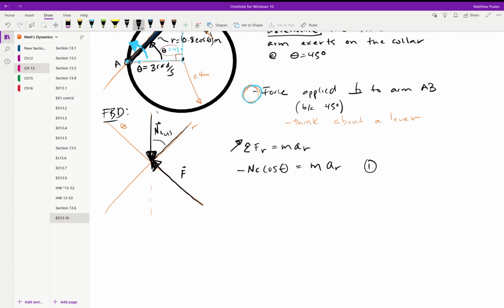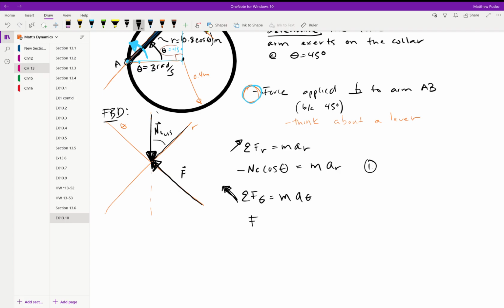If I sum the forces now in the transverse direction, and the positive transverse direction is going to be up and to the left, we have this force applied. It's going to be equal to the mass times the transverse acceleration.